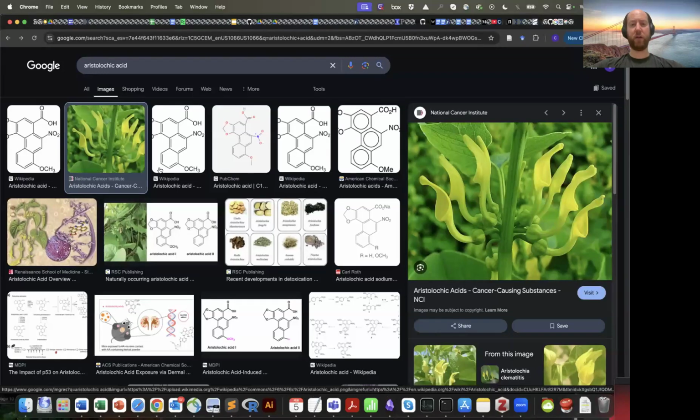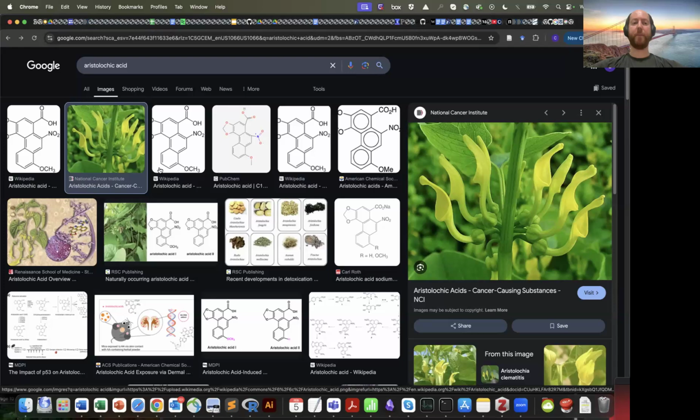This example of aristolochic acid is relevant to the Balkans, but also to parts of the world which practice traditional Chinese medicine. Certain weeds used in traditional Chinese medicine also increase mutation rates in a very specific way. You can sequence the DNA of the cancers that come from these people, and determine that they originated from some of these plants.